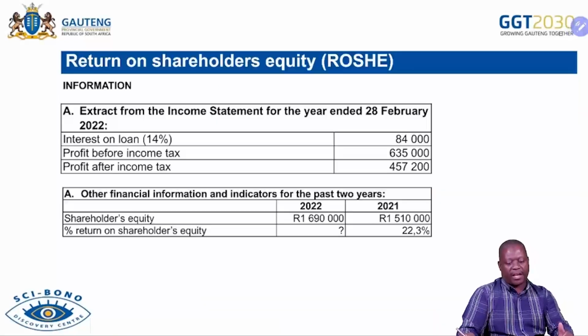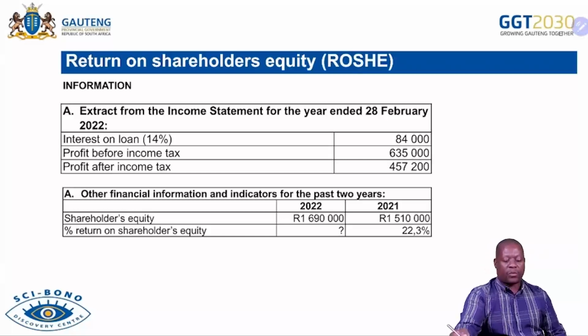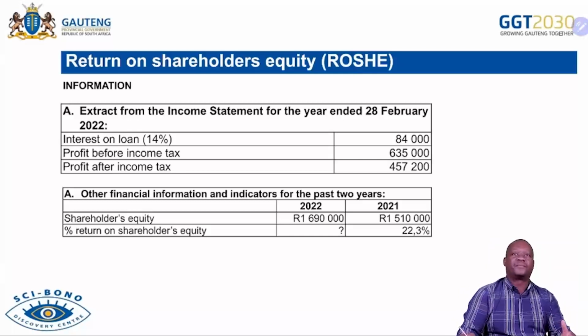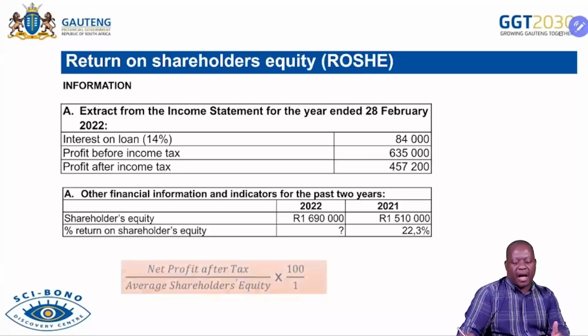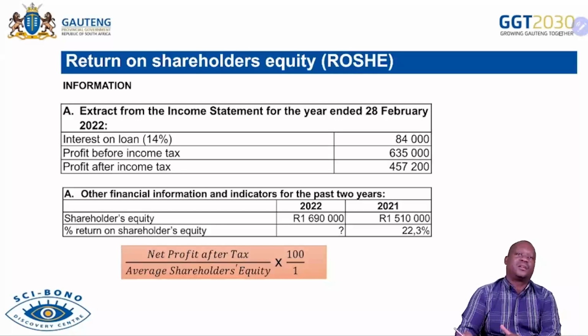Let's look into the next indicator, the return on shareholders' equity. Now, remember the formula. Net profit after tax, we divide it by the average shareholders' equity.